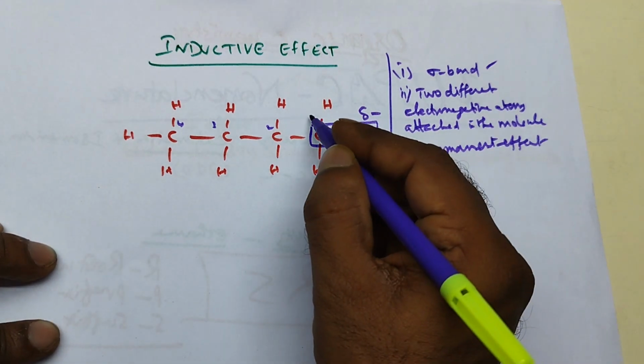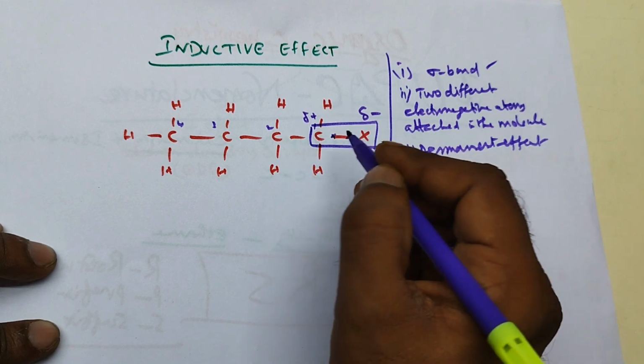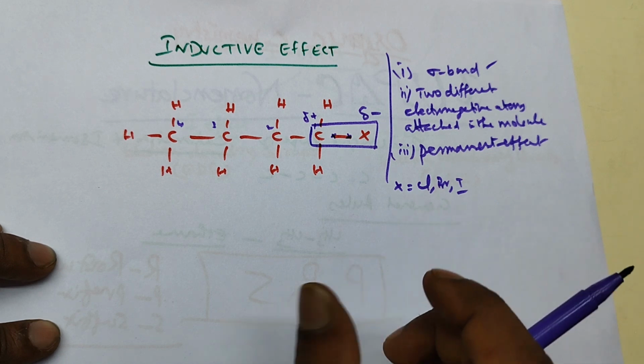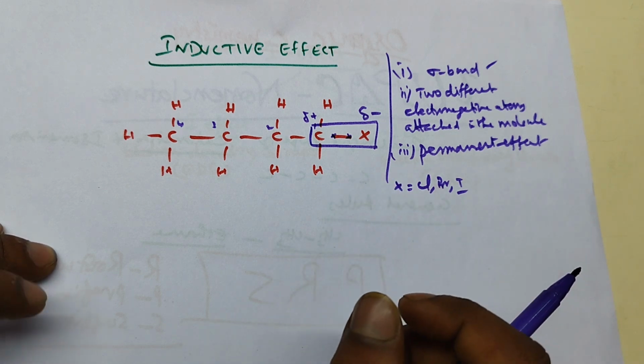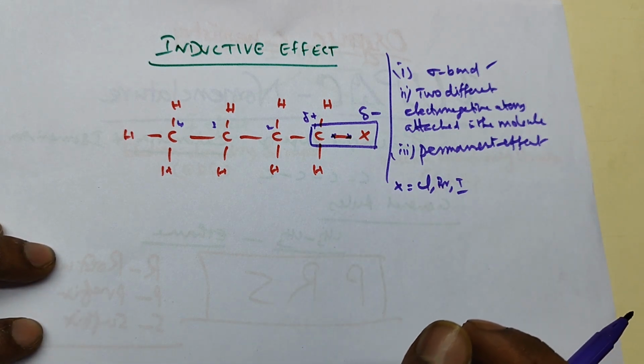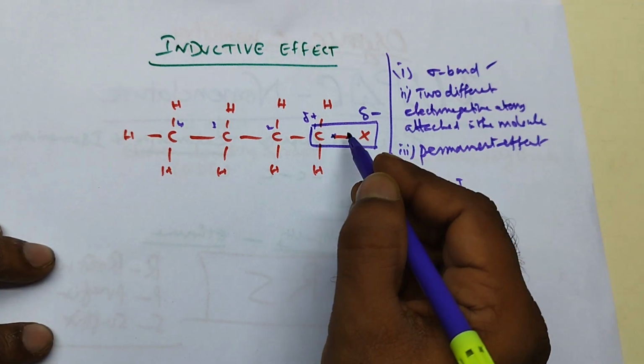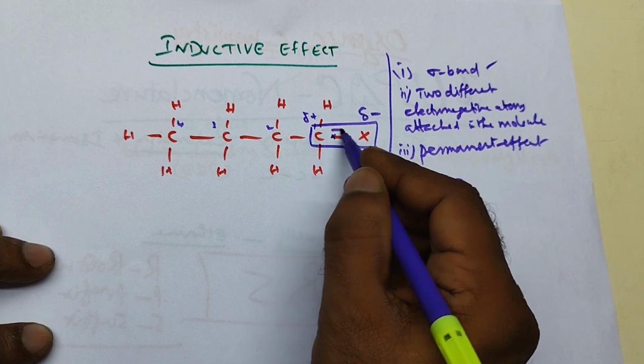The carbon atom has a delta plus, so there is polarity; plus and minus charges develop because these two atoms differ in electronegativity and X attracts the electron towards itself.